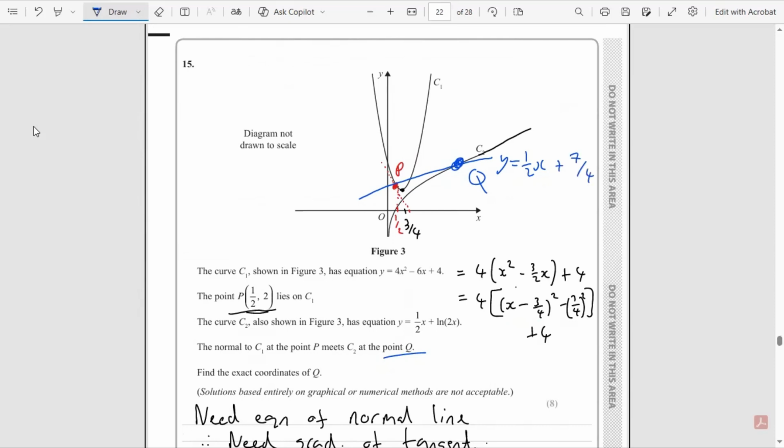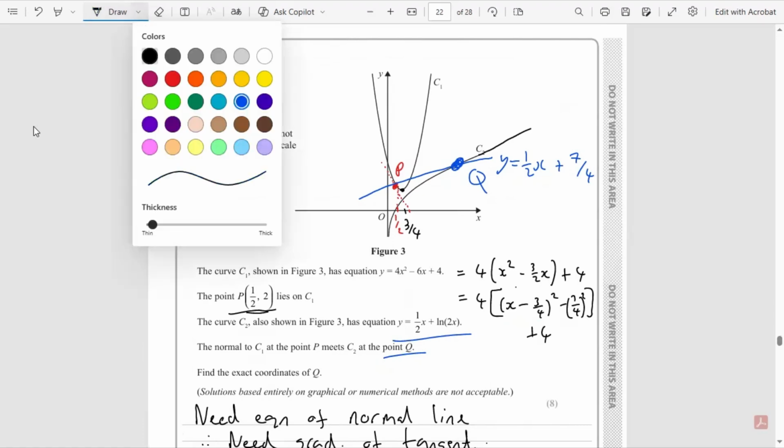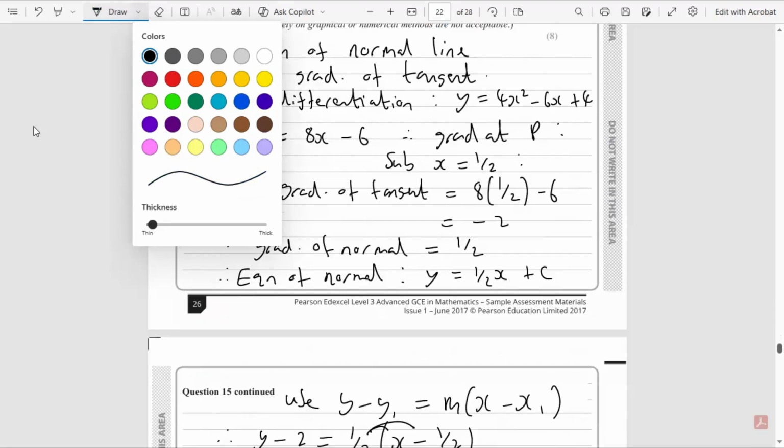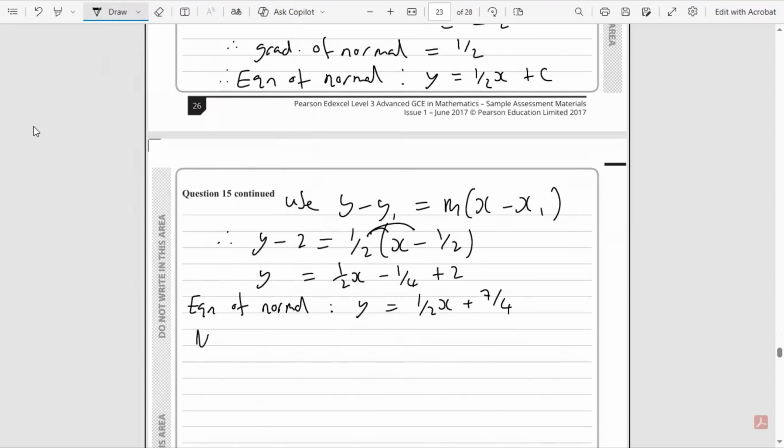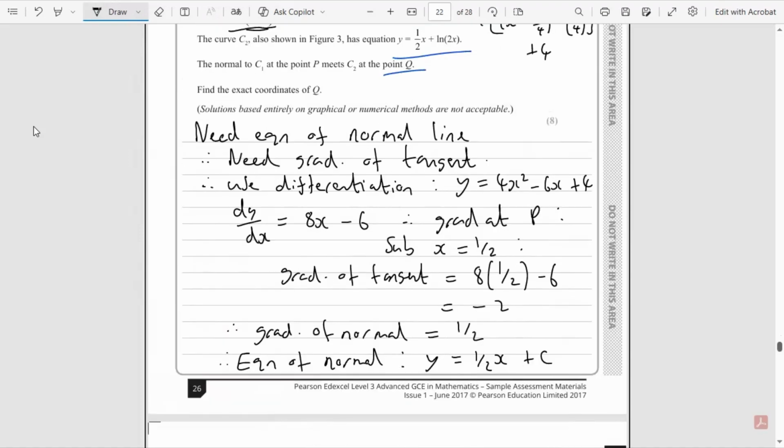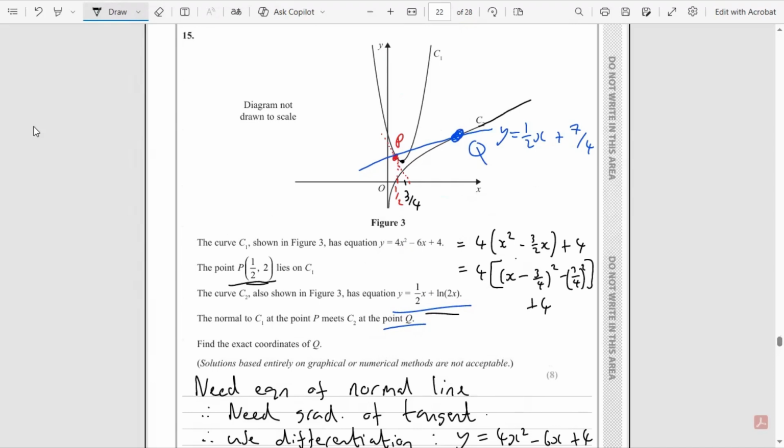So now we're finding the intersection point between the line and the curve. This curve here, 1/2 x plus ln 2x. So now, finding Q. We've got again that line, and we're finding where that line intersects with this curve.